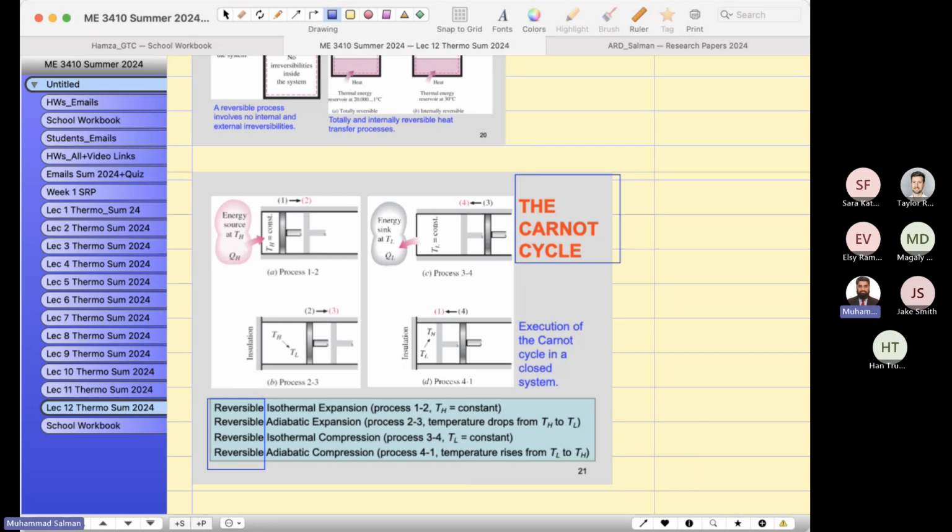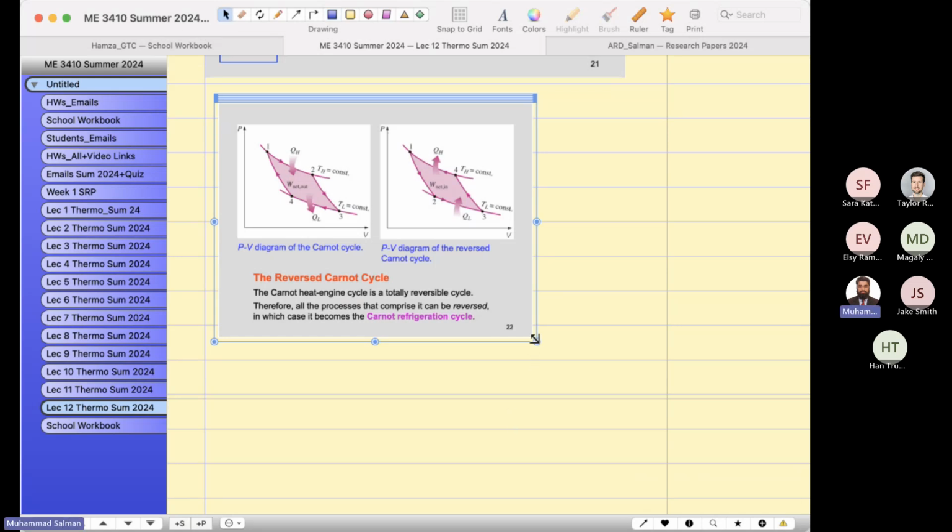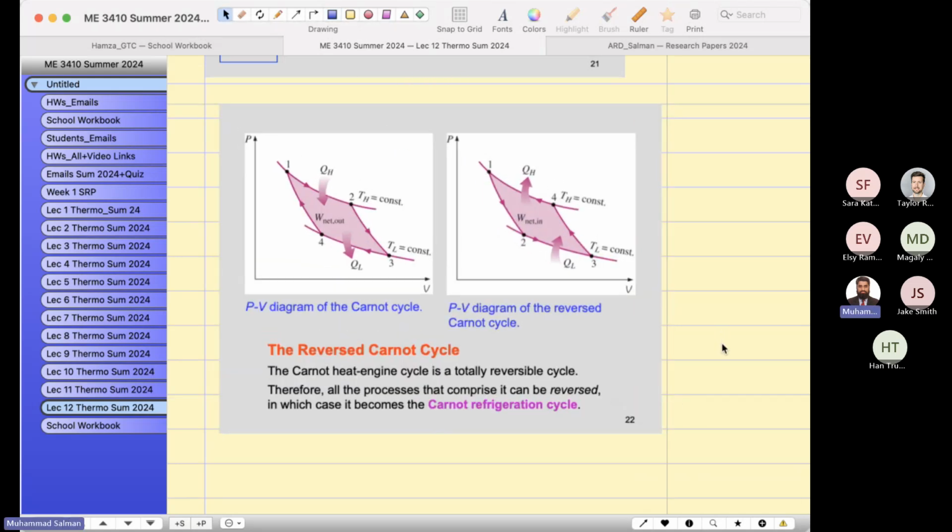And if I want to plot the PV diagram of this engine, you can see over here the PV diagram of the Carnot cycle and the reverse Carnot cycle. The reverse Carnot cycle is for refrigerators. This is for a heat engine. You see, from 1 to 2, heat is being supplied at a constant temperature.